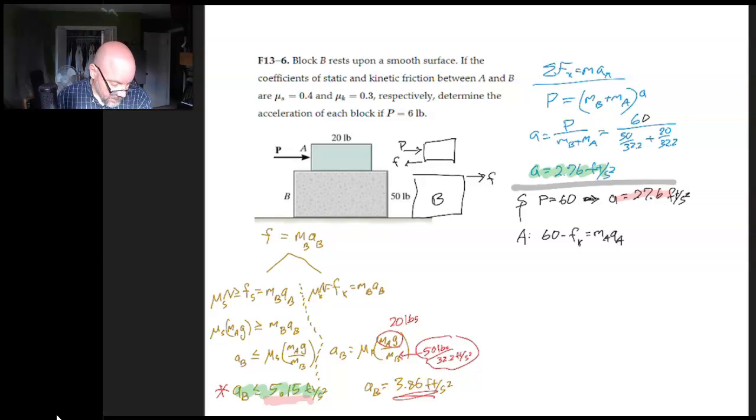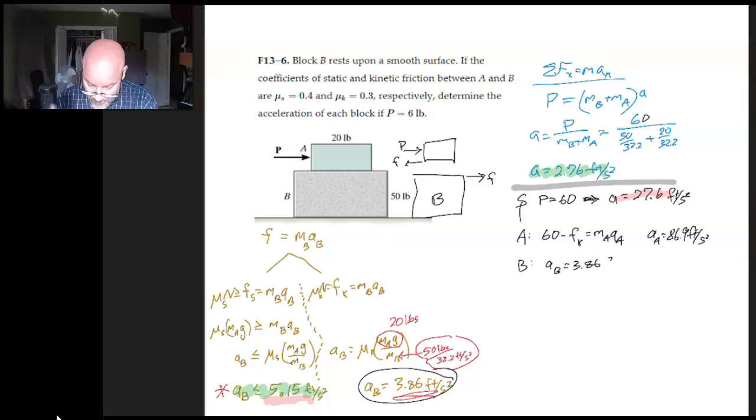And that's going to give me a certain value, and it happens to be, in that case, AA is 86.9 feet per second squared. For block B, we already have that answer. It's right there. AB is 3.86 feet per second squared.